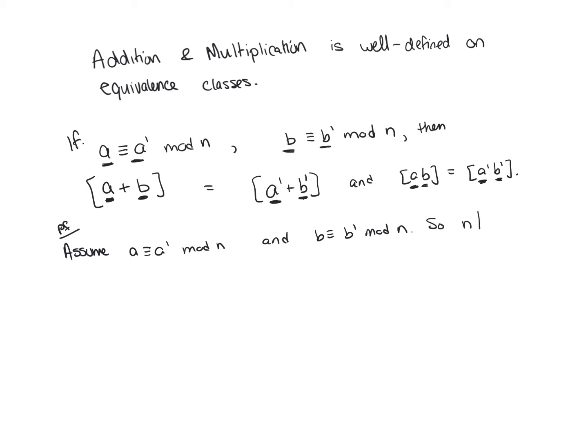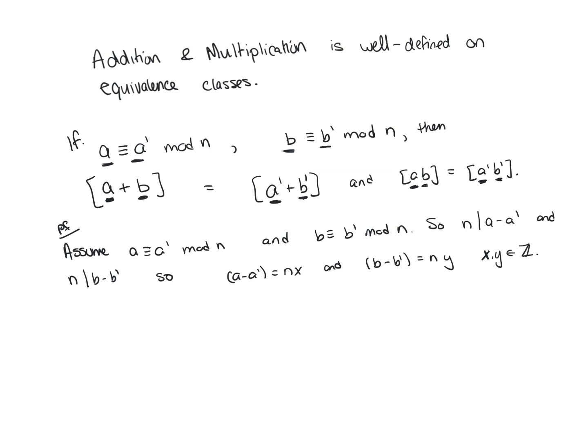It means n divides A minus A prime and n divides B minus B prime. So A minus A prime is n times some x, and B minus B prime is n times some y, for x and y in the set of integers.